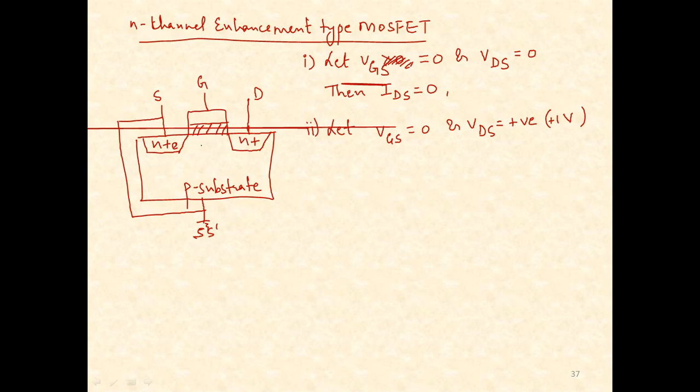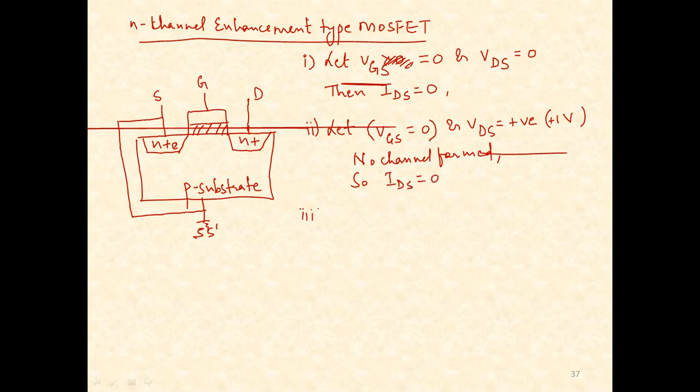So the electrons become the minority carriers, and they cannot enter into the drain, because there is no channel formed. So even though we are applying drain voltage, just because gate to source is 0 and there is no channel, let me write no channel formed. So IDS is again 0.